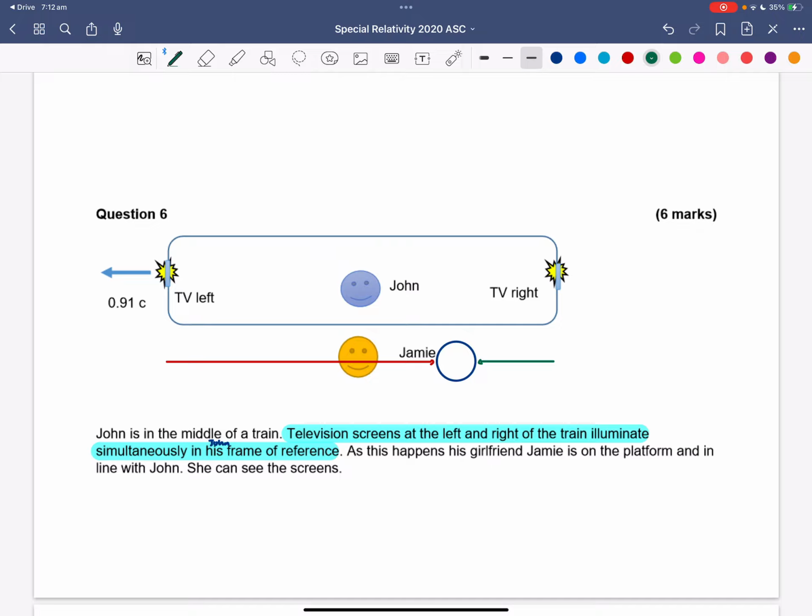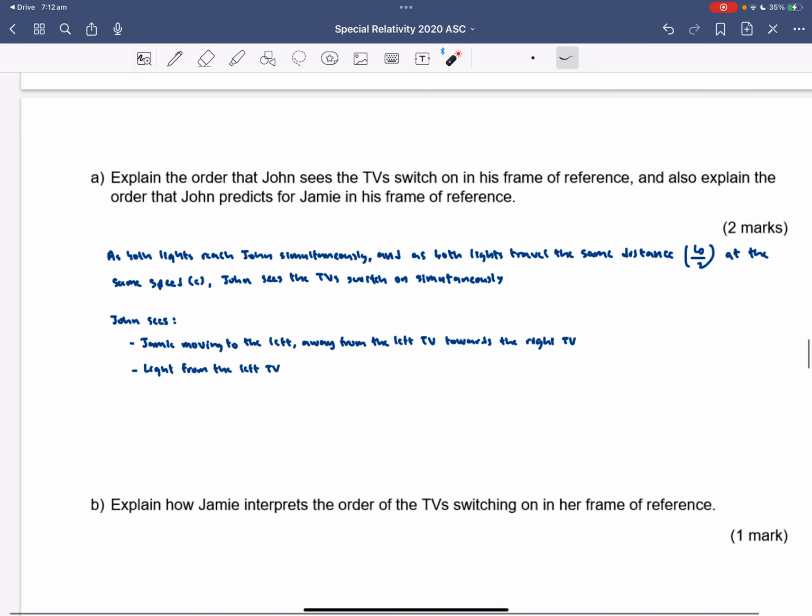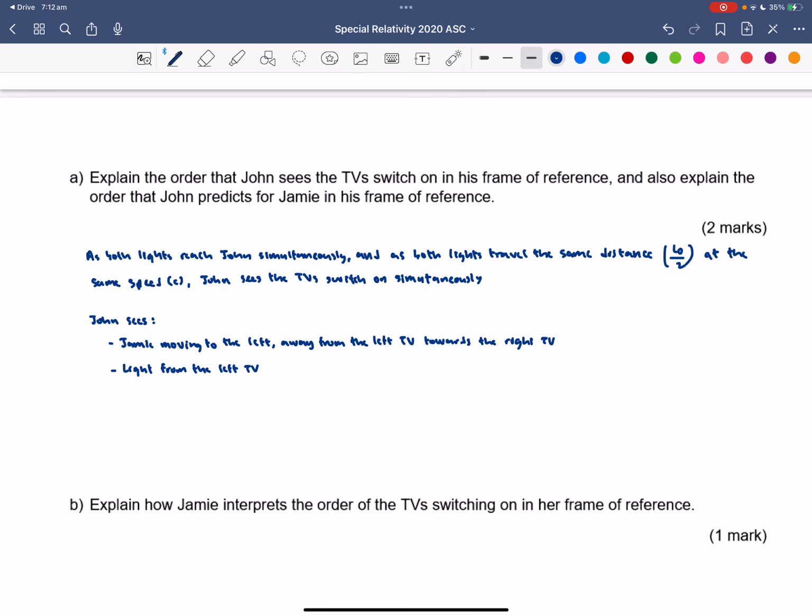So the right light has to travel a smaller distance and the left light a larger distance. So the light from the left TV chases Jamie, hence covering a larger distance, hence taking a longer time.